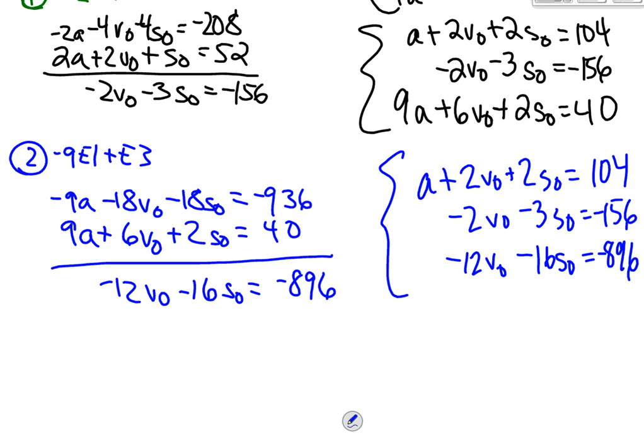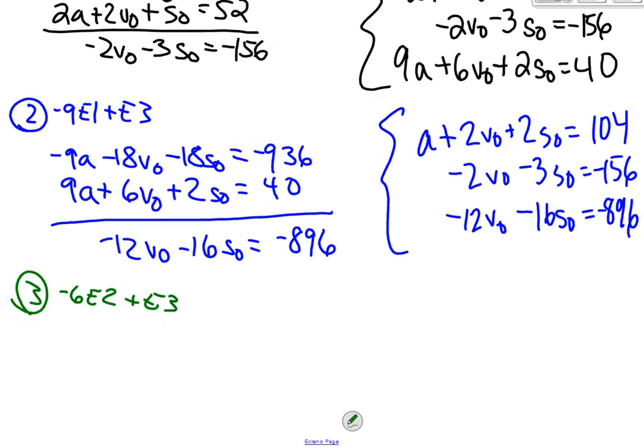Okay, yes, the middle one times -6. Step 3. So that's -6 times E2 plus E3. I'll just go through that.